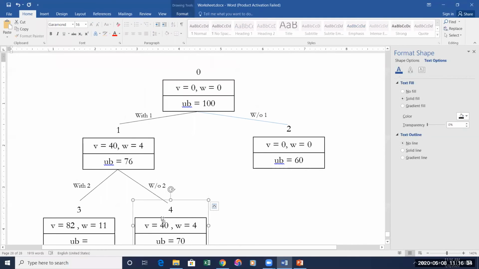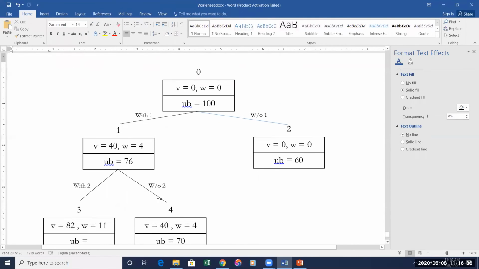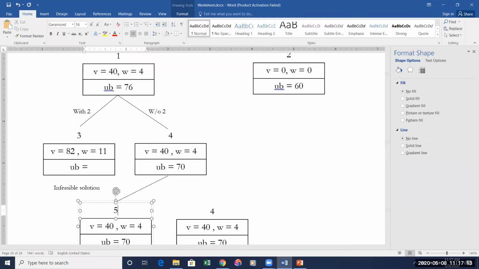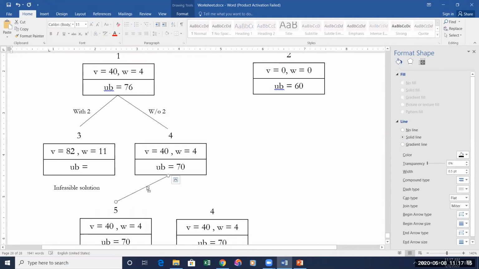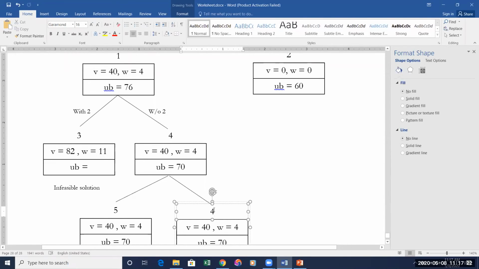Take 2 nodes. Node number 5. Node number 6.